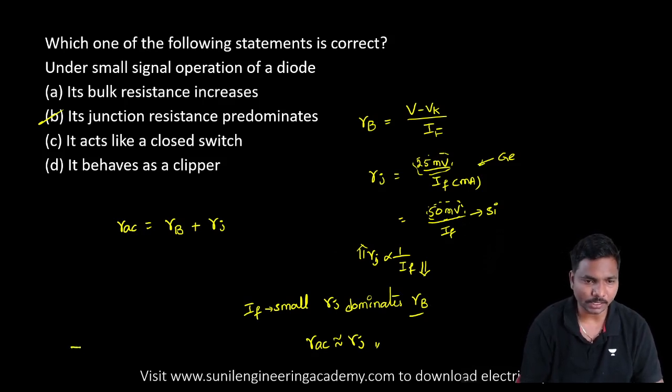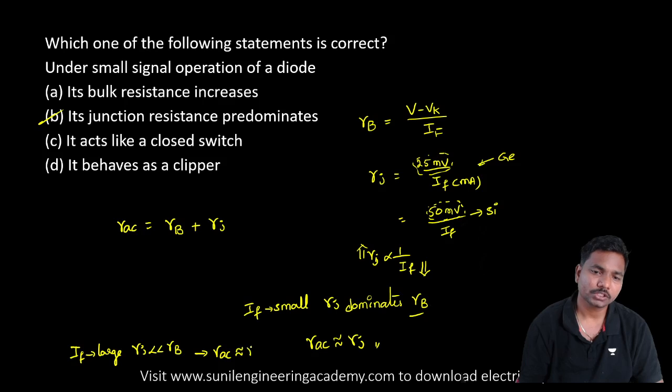For large signal operation, IF is more, so RJ is less. RJ is very much less than RB. Then RAC is almost equal to RB, so bulk resistance predominates.